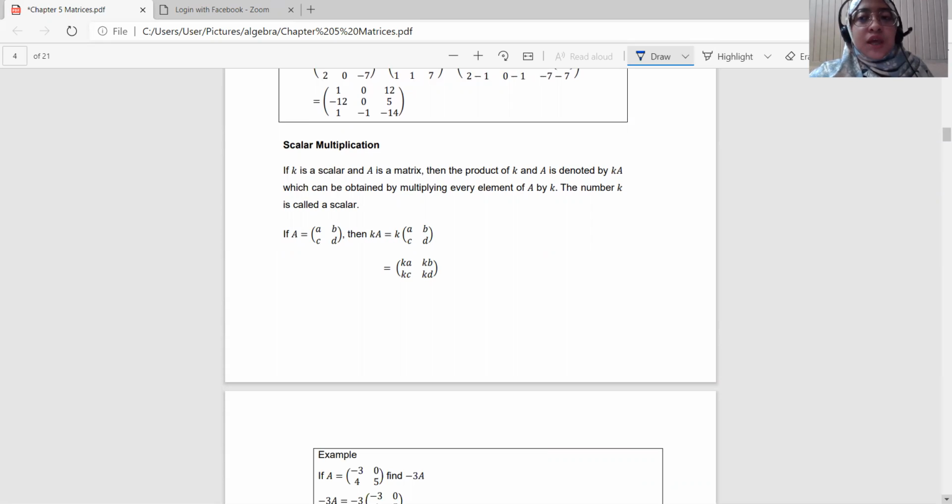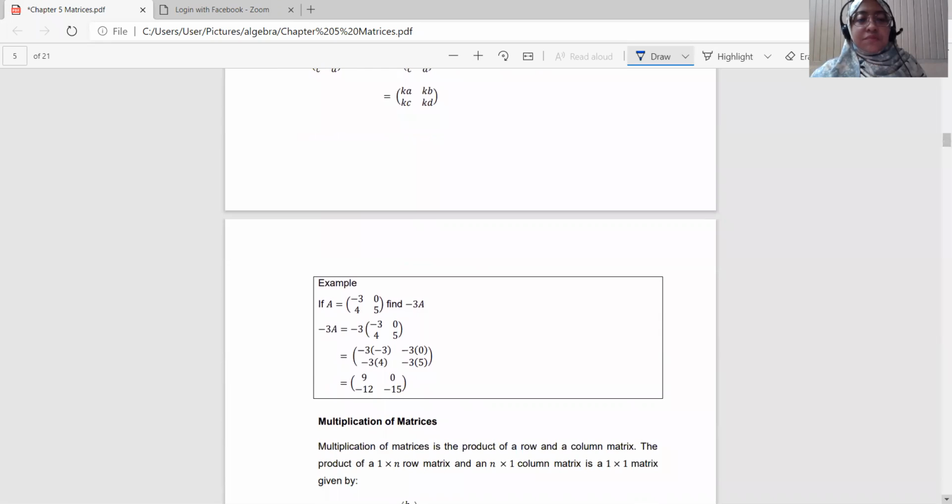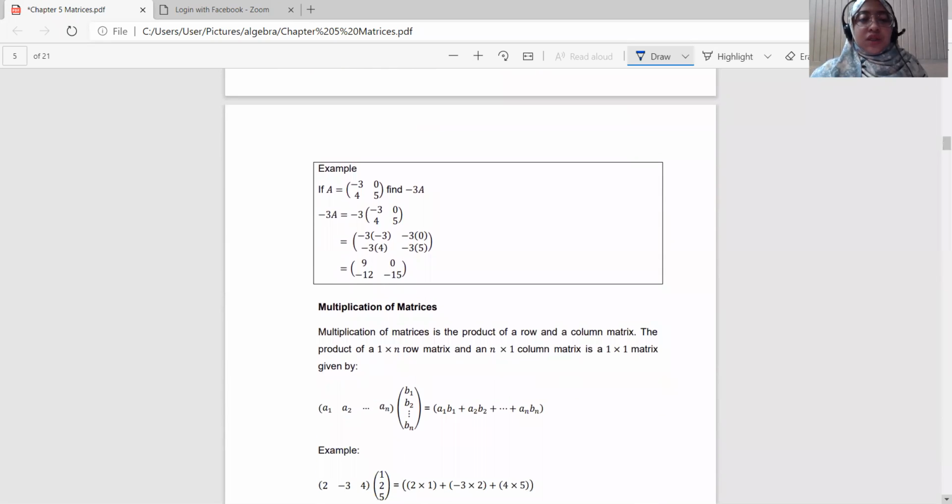It means that when we have a whole number or any real number, it can be multiplied with any matrix. How to do it is by multiplying every term in the matrix with the scalar.